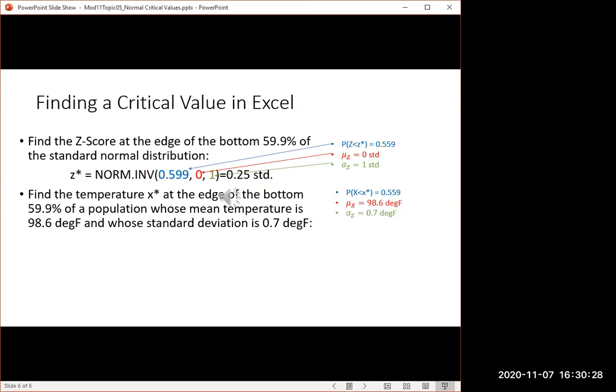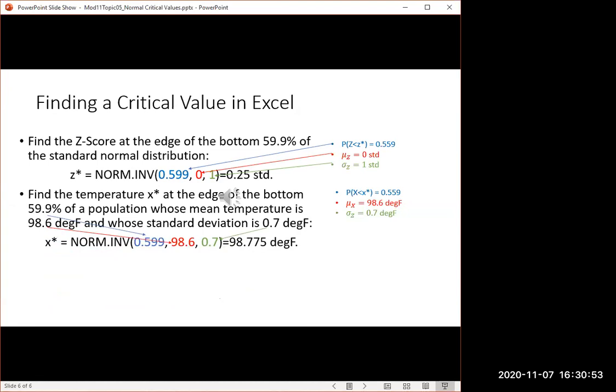If you give the mean and the standard deviation in STDs, then the answer that comes out should be interpreted as STDs. You could do the whole thing in Celsius and it would all still work. So we got the same answer that we got in the previous slide where we were working from the table.